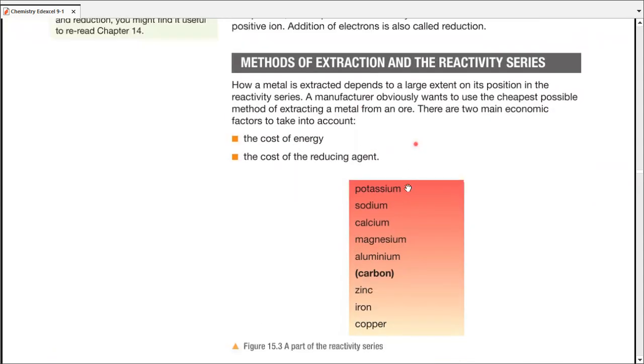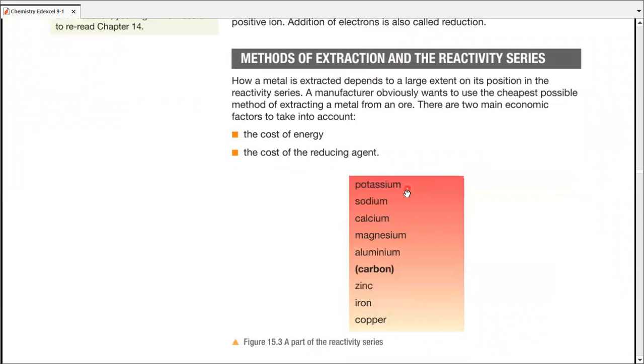Now, we're going to divide the whole reactivity series into different parts to understand which processes we usually go with. A manufacturer obviously wants the cheapest possible method of extracting a metal from its ore.